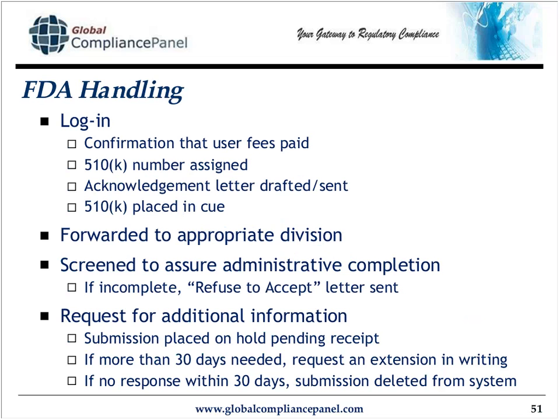What FDA does when they get your submission is they log it in. They confirm that you paid your money. If not, it stops at that point. You receive a letter that says you haven't, and they won't do anything until you do. They assign a 510K number, and they send you your acknowledgement letter. This was the letter that I mentioned earlier that enables you to exhibit at trade shows. And then you're in line, you're in the queue.